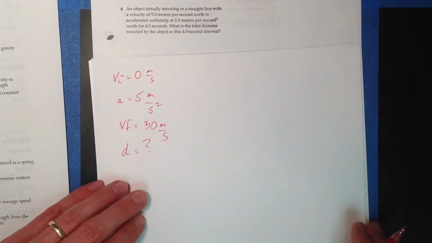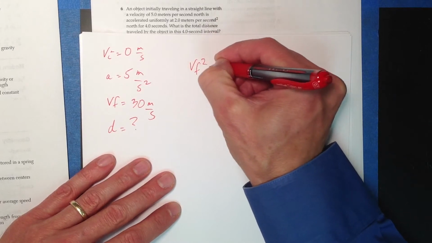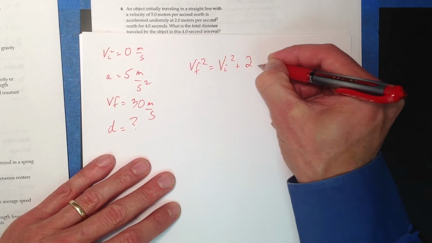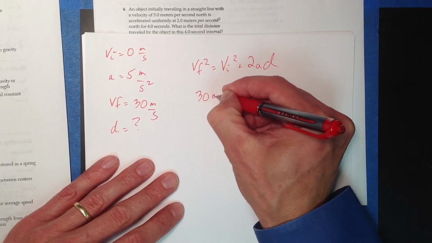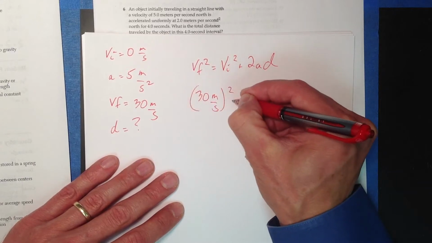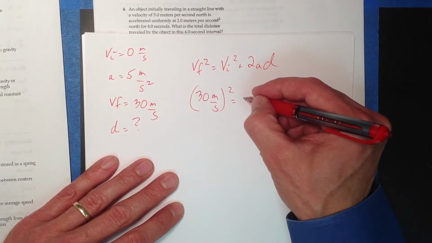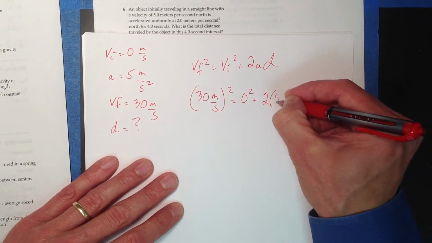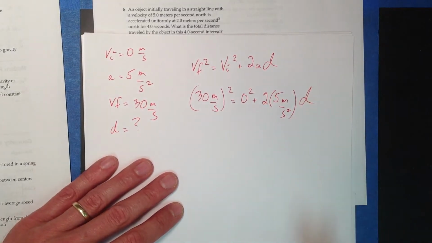Okay, so that formula is VF squared equals VI squared plus 2AD. VF squared is 30 meters over second, that's squared, equals initial velocity is 0, which is kind of nice, it kind of drops out, plus 2 times 5 meters per second squared times D.